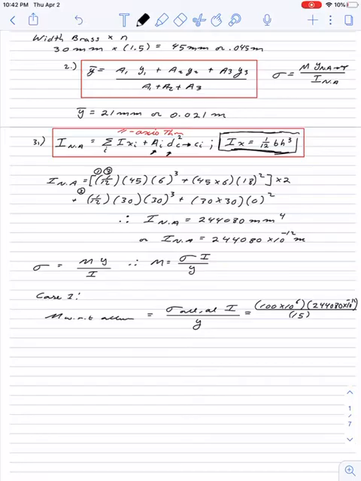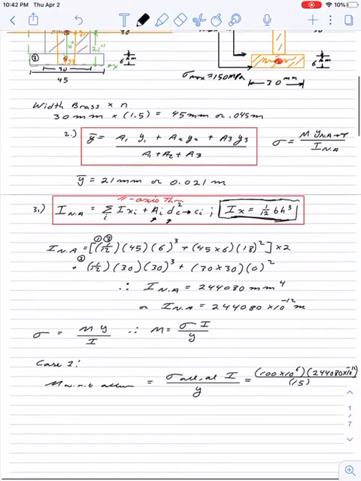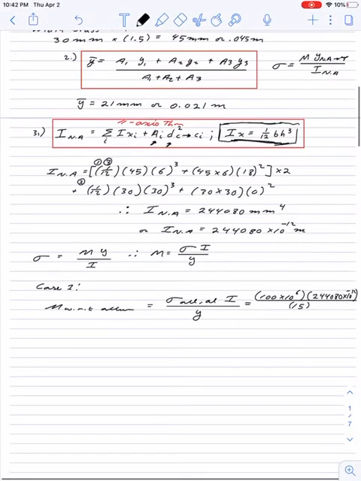Oh, that's actually 15 millimeters, so we're going to have to convert that into meters.